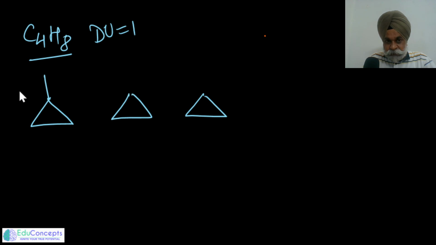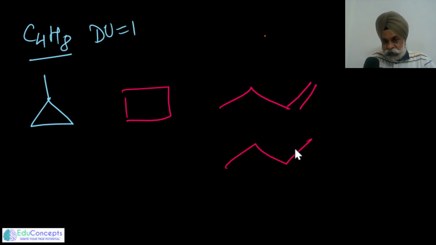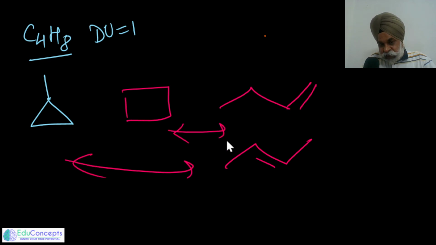So this is one structure I can create here. I can now make it a 4-membered ring. Then I can generate it like this or something like this. So now these can be said to be ring chain isomers of each other.